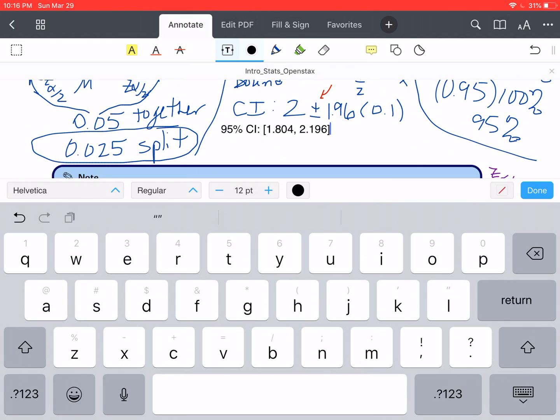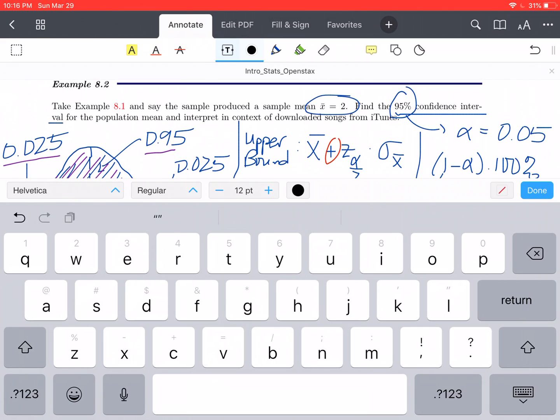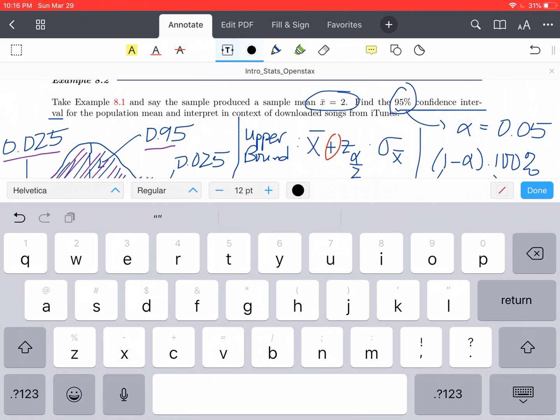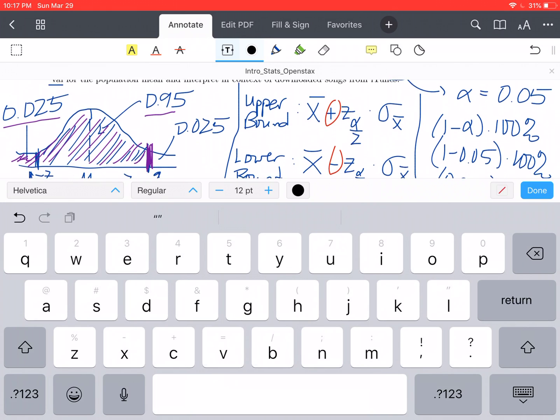Okay, so what does this interval tell us? So again, remember we are interpreting this in the context of downloaded songs from iTunes. So we had a sample mean of 2, and we were trying to determine a 95% confidence interval for the population mean of this value.